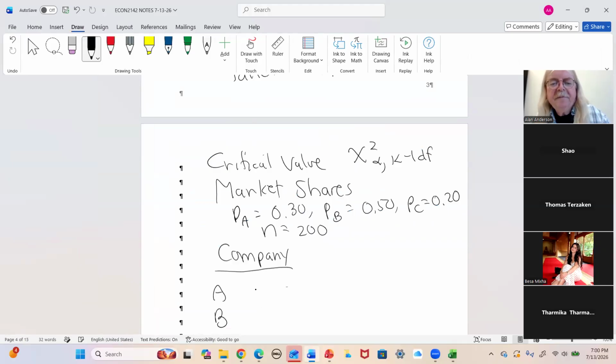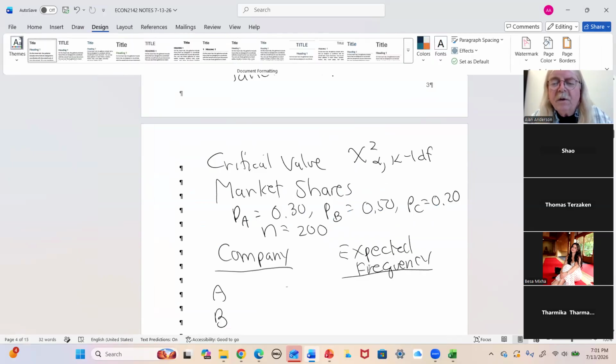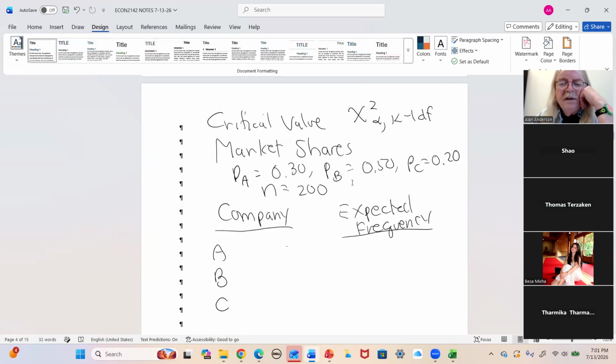So in that sample, the expected frequency based on historical experience will be, so you're just multiplying those proportions or probabilities by 200.